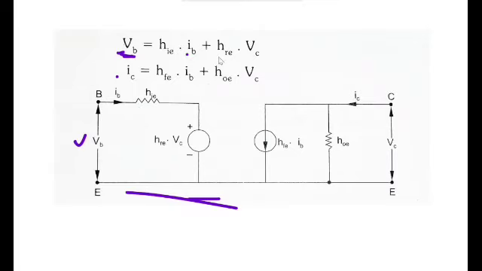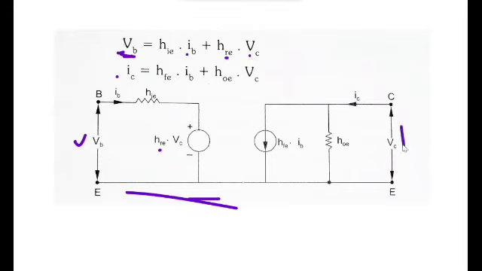If you go to the second term, it is HRE into VC. Here HRE denotes H12. The H12 term is the second term in the first network, that is the reverse voltage gain in emitter configuration, and it is multiplied with V2, the output voltage.